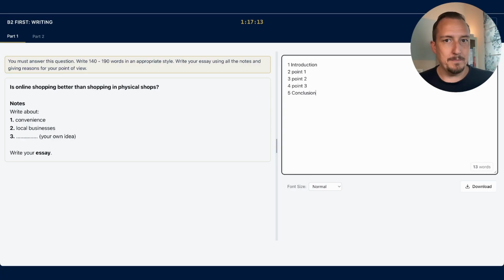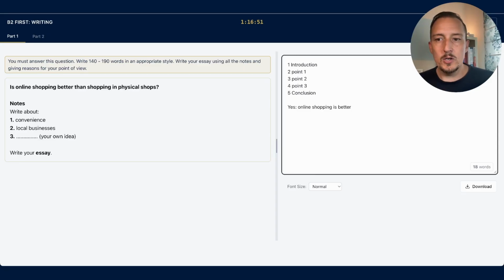Is online shopping better than shopping in physical shops? Now, my opinion is yes, online shopping is better. Now, the reason we want to start like this is because then this helps us to come up with a more detailed structure and ideas about how we want to write this essay.